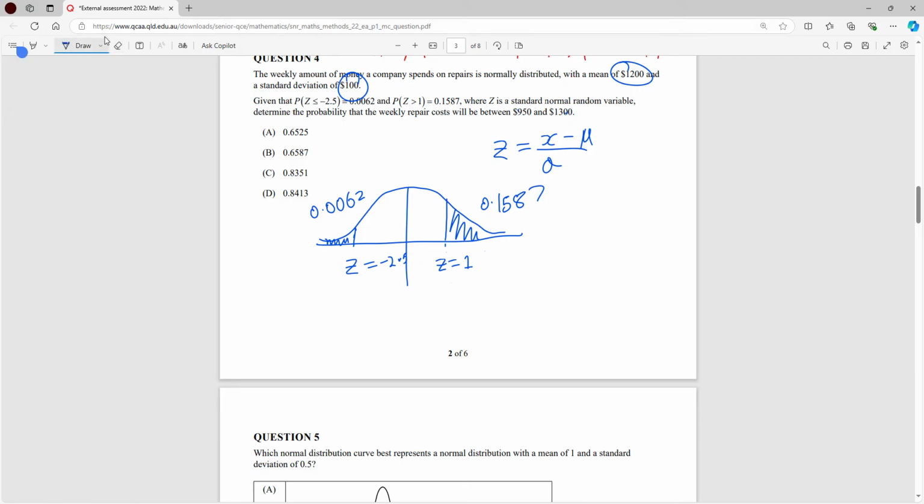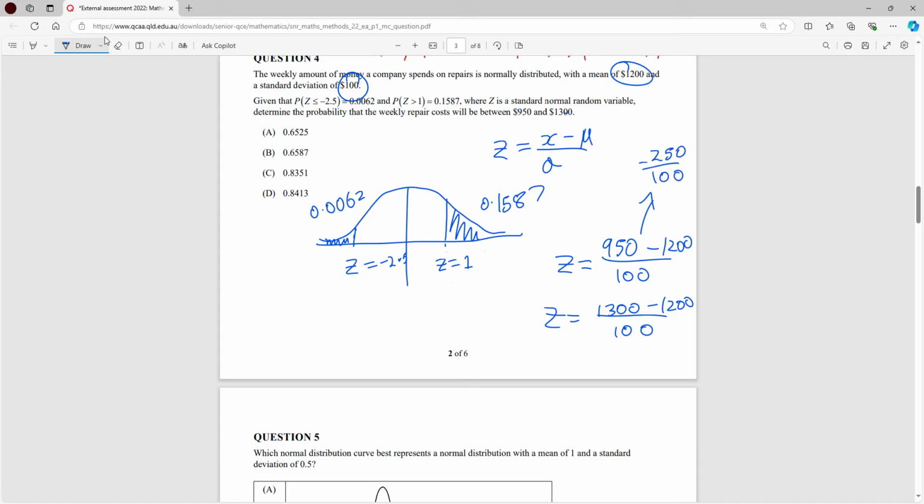So I would go, alright, z equals, I would choose this one first, so go 950 minus the average, which is 1200, and divide by the standard deviation, which is 100, and then go z equals 1300 minus 1200, divide by 100. Okay, so this first one here, you're going to get, so 950 minus 1200, that's going to give you -250 over 100.